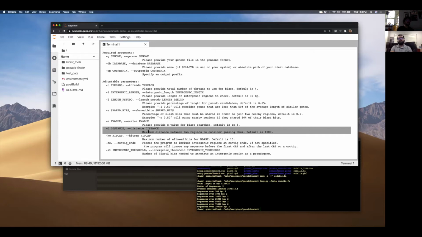If the two gene fragments are separated by more than 1,000 base pairs, then Pseudo-Finder is not going to join them, even if they share 100% of the blast hits. But you can set that lower, you could set the threshold to be 2,000 or 3,000, or you could set it to be 100, however low you want, depending on how stringent you want the joining of the potential gene fragments to be.